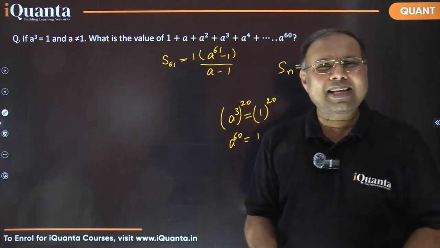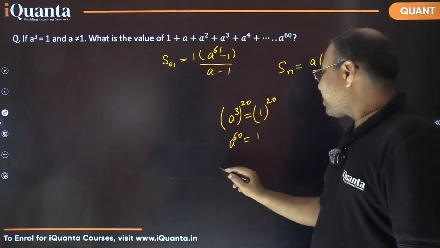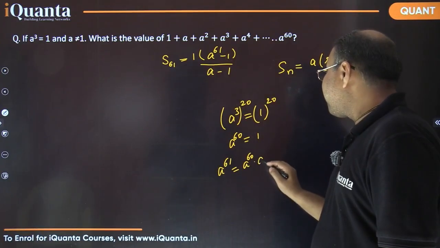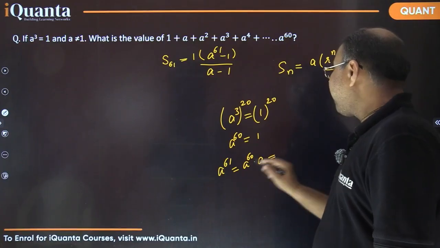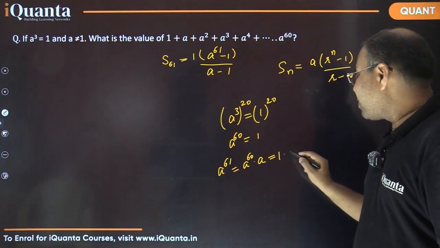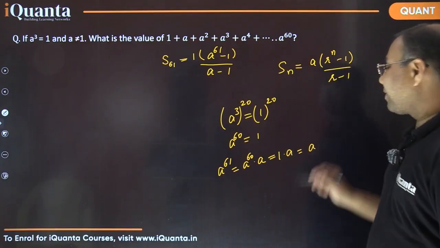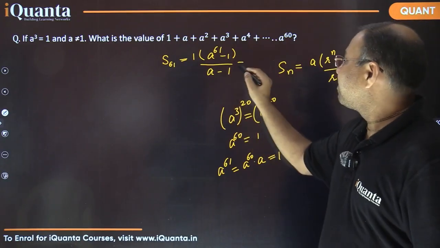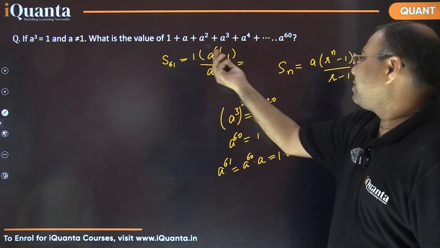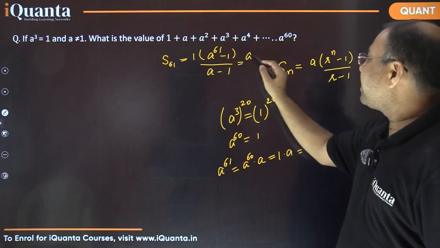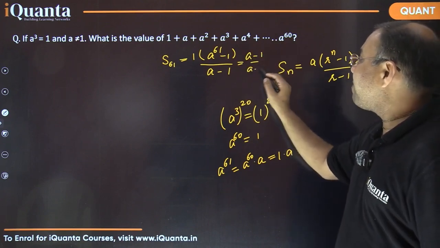So what difference does it make, yaar? a power 61 you can write as a power 60 multiplied with a, isn't it? And a power 60, we just figured out, is 1 only. So putting this value here, 1 into a is nothing but a, right? So a power 61 minus 1 is a minus 1, divided by a minus 1.